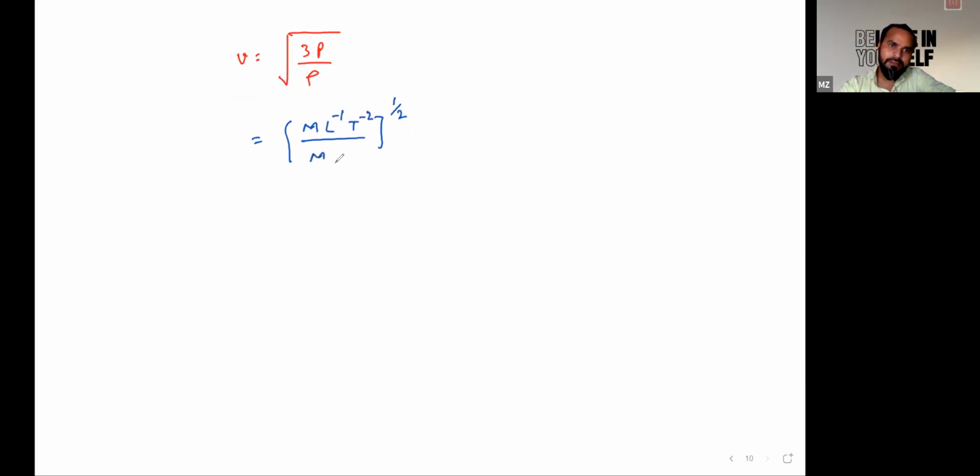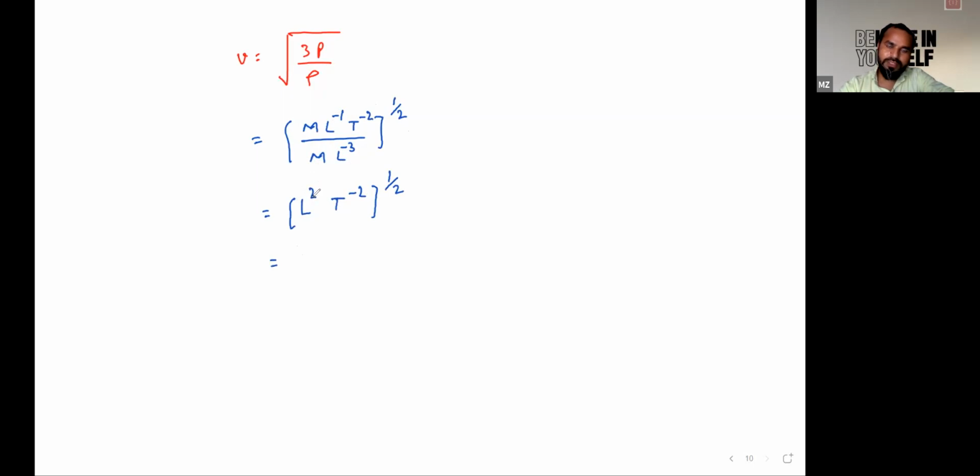Density is nothing but mass divided by volume. So M and M would cancel out. If we bring this term to the numerator, we have already -1, and this -3 on bringing to the numerator becomes +3. So we're left with just L square and T to the power -2, and the whole raised to the power half.